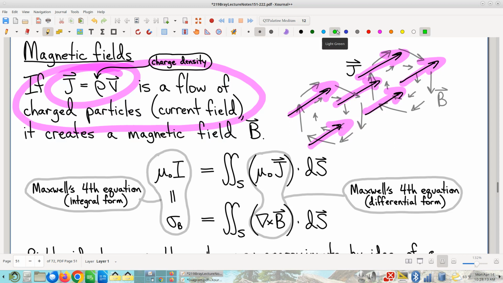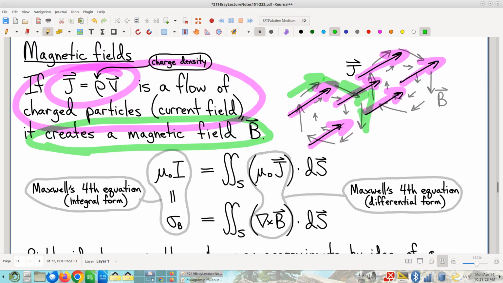This is just the nature of how the world is. It creates a magnetic field. And the magnetic field for the current field that I've drawn would be something kind of like this. Y'all may have had an intro physics class. If you have, this might look a little bit familiar. If not, then when you do take an intro E&M class, you'll be appropriately armed with the math that is very important in order to make sense out of the physics.